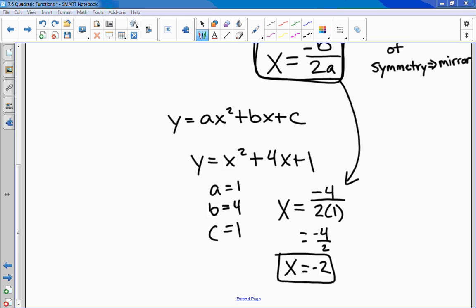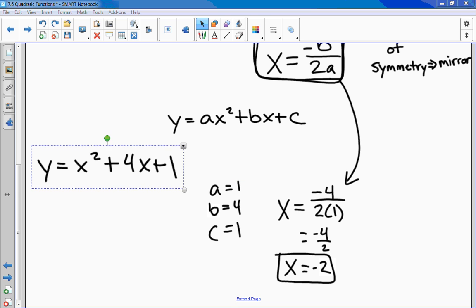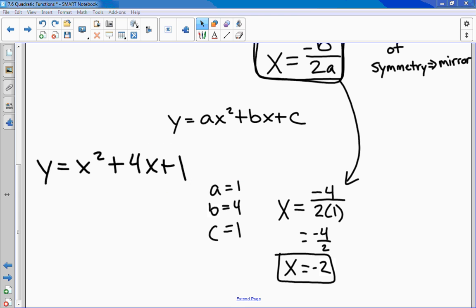Now the question is, okay, that's great, but I'm looking for my vertex. My vertex is a point, which means I need an x value and a y value. How can I find a y value if I only know the x value? I know that x equals negative 2, but how am I supposed to find the y value? I can plug in negative 2 for x.